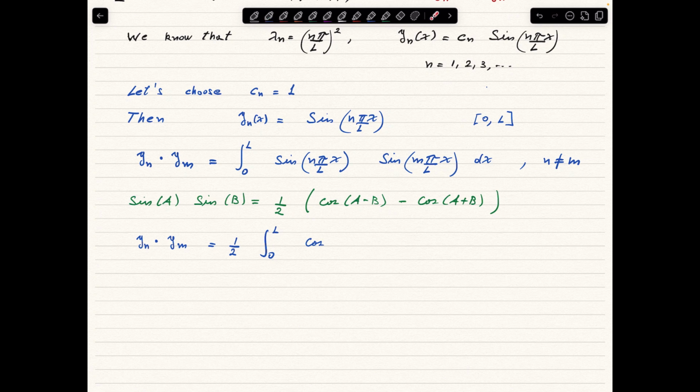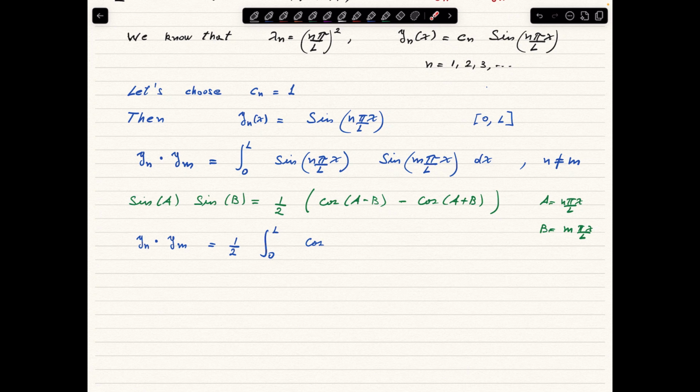Notice that, okay, let's write it down somewhere. We are going to use this identity with A equal n pi x over L, and B is going to be obviously m pi x over L. Notice that A and B are almost identical. This part is identical. The only difference is n and m.